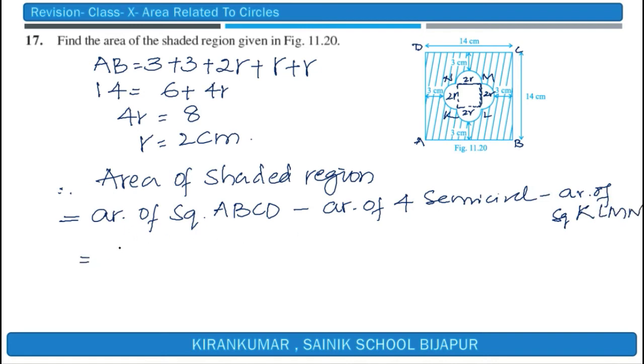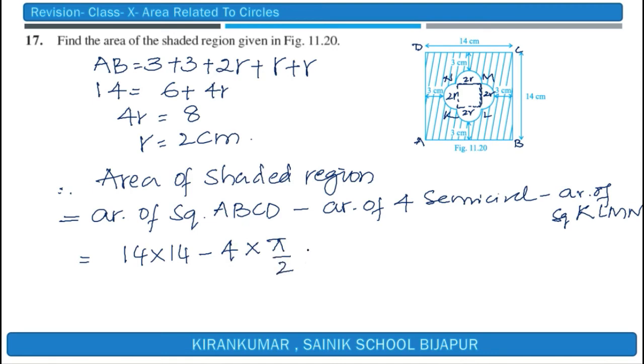So area of the square ABCD is 14 times 14, minus, there are 4 semicircles, 4 times of pi r square by 2.